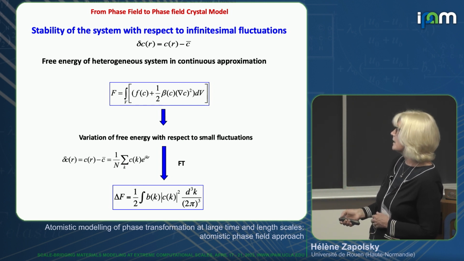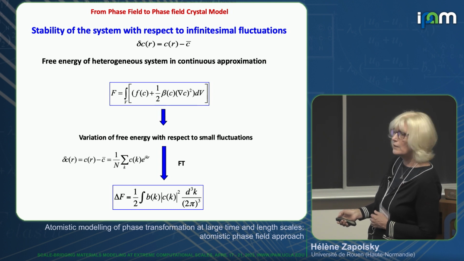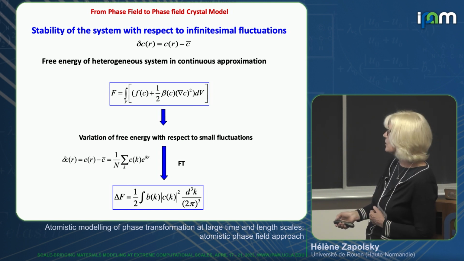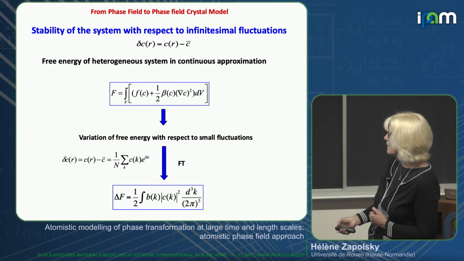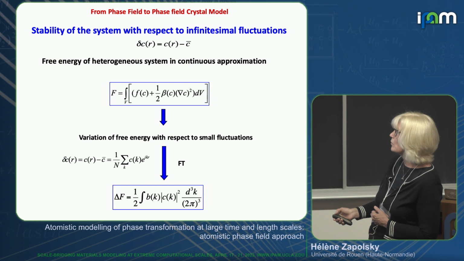equation, we can go to the reciprocal space, and this fluctuation we can write in the reciprocal space using just the Fourier transform. And in this case, the variation of free energy with respect to this small fluctuation can be written in this form, where B(k) will be just k squared plus the Fourier transform of this function.